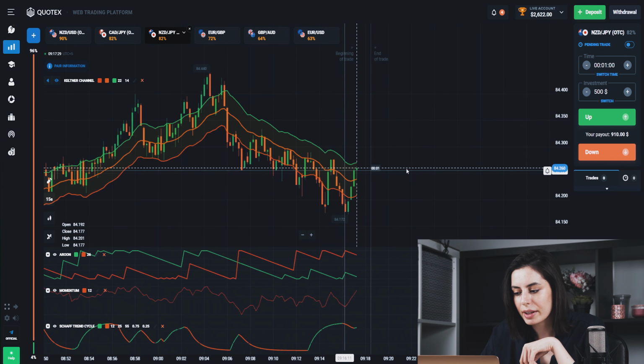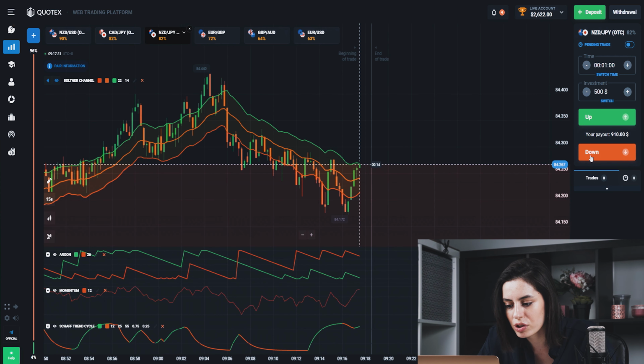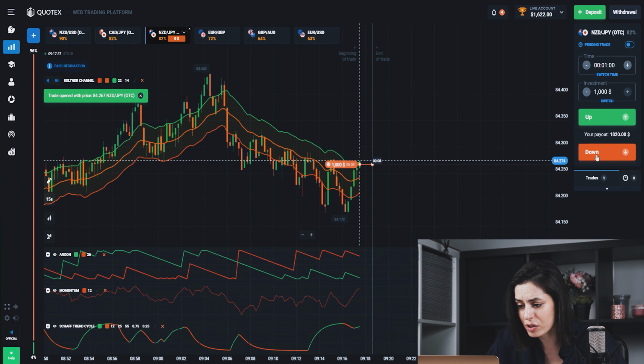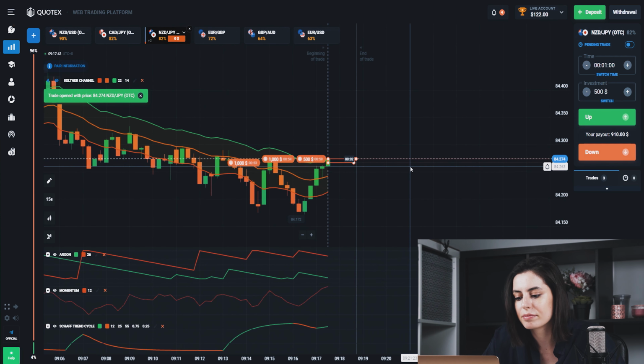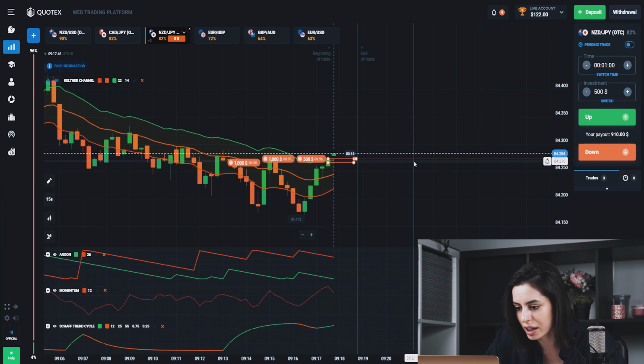So here again, I'm trying to catch the situations when the candles try to cross the borders of the channel, and here the green line is just below the orange line in the Schaff Trend Cycle.